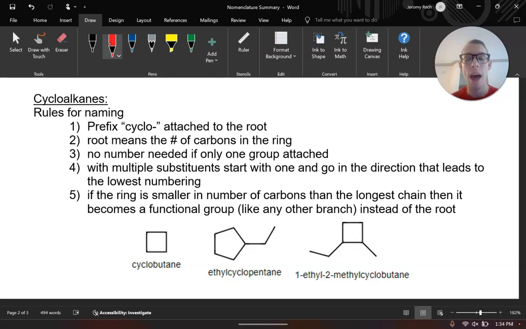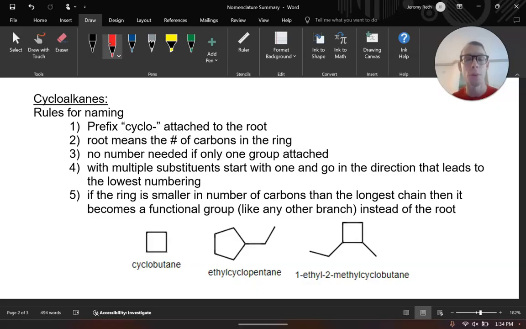Here we see that we have an ethyl group, which is 2 carbons connected as a side chain. So we're just going to call this ethylcyclopentane. There's no reason to give any numbering system for that because you'd give it a numbering of 1 and it's just kind of redundant. You can stick it anywhere and it's the same.